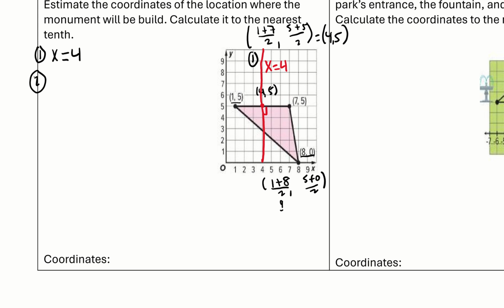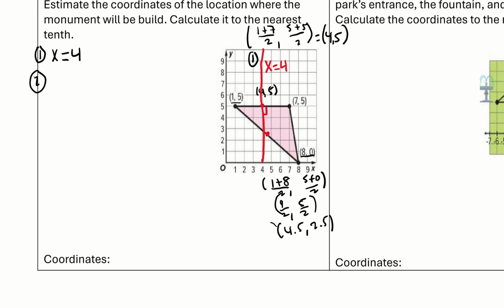That gives us 9 divided by 2 and 5 divided by 2, so 4.5 and 2.5. So this point has to be right here, at 4.5 and 2.5.